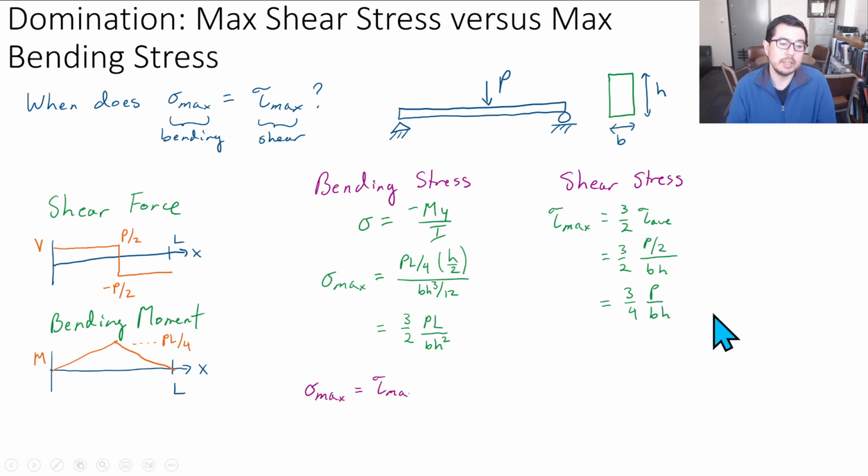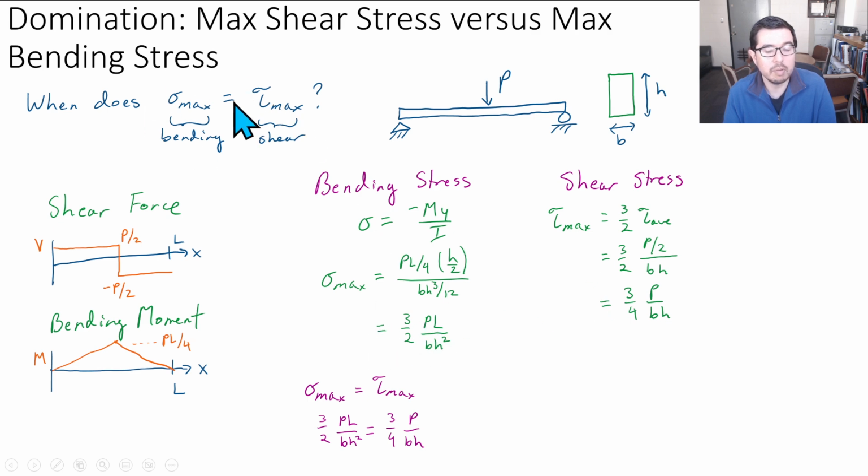So when are these two quantities equal to each other? We plug these two expressions into the equality we've set up, do a little bit of algebra, and we get that the maximum bending stress will equal the maximum shear stress when L is equal to 1/2 H. This is a different quantity than we got last time, when we were comparing half of the maximum bending stress to the average shear stress, but again, it is a very small length of a beam where the bending stress and the maximum shear stress are the same.